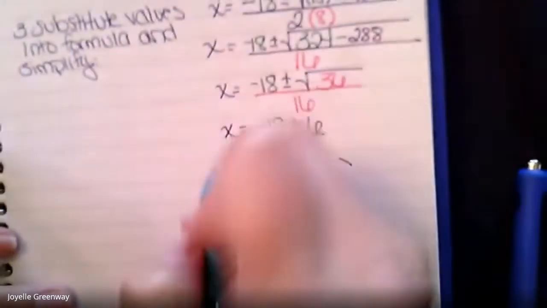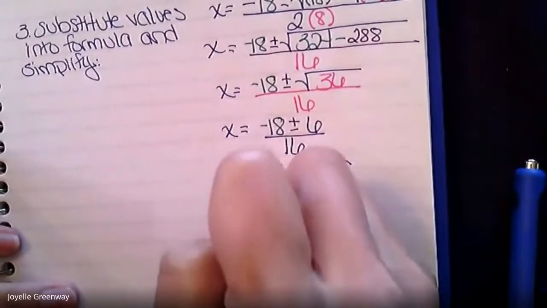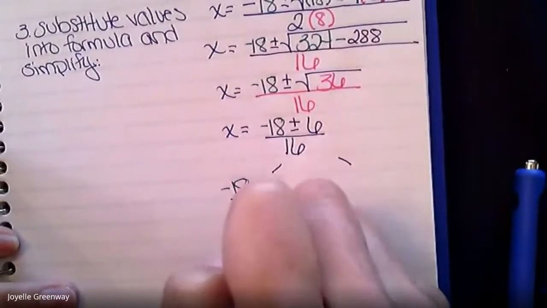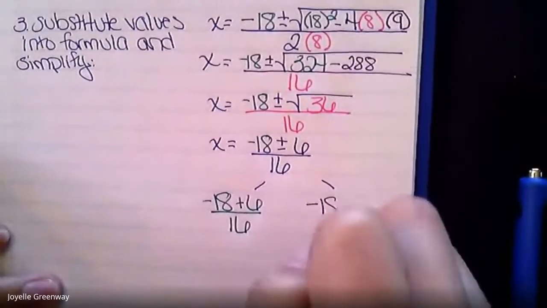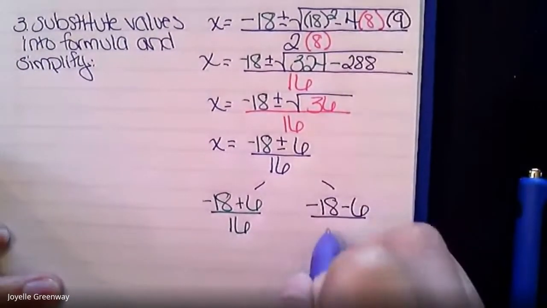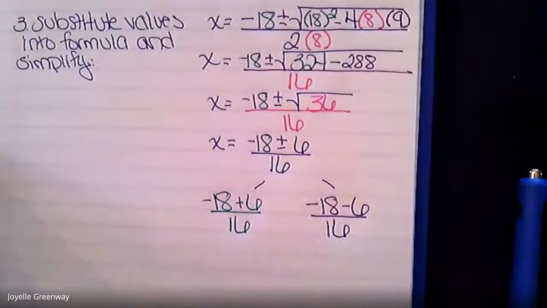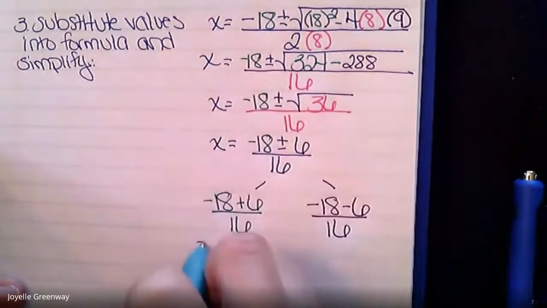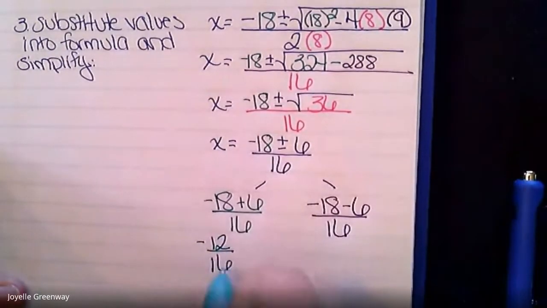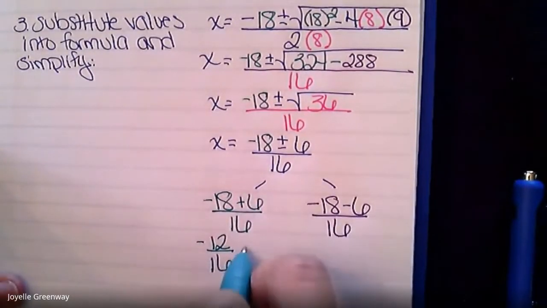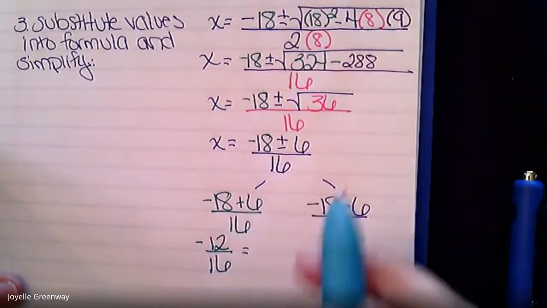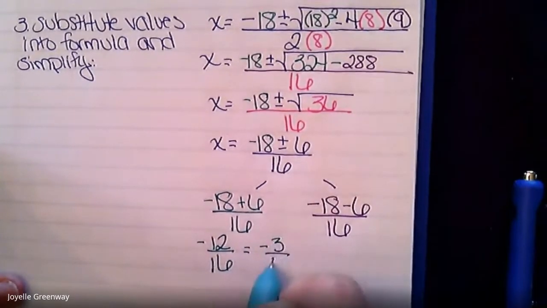So we have negative 18 plus 6 divided by 16. And then we have negative 18 minus 6 divided by 16. So negative 18 plus 6 is negative 12 over 16, which can simplify further, right? I can divide both of those by 4. So negative 3/4.